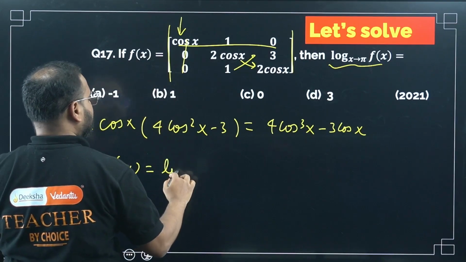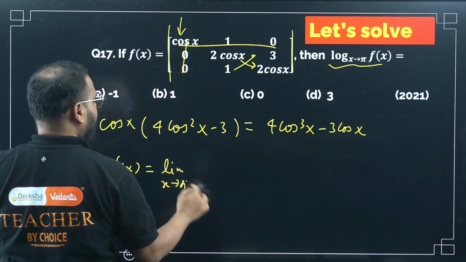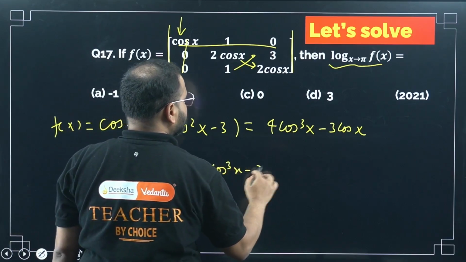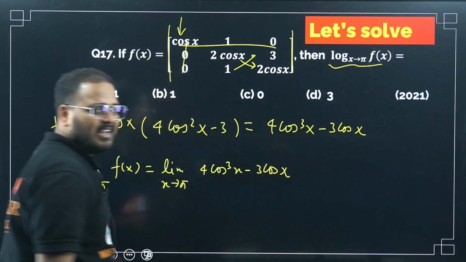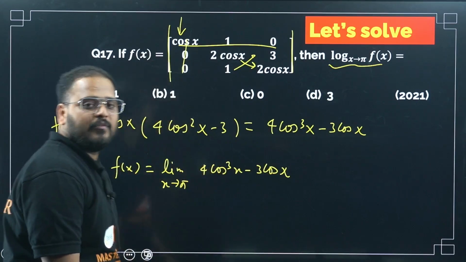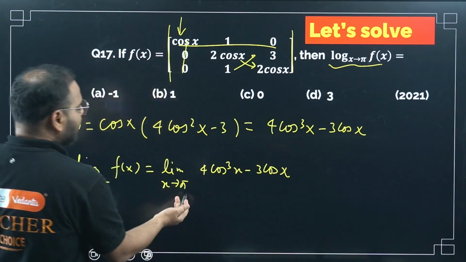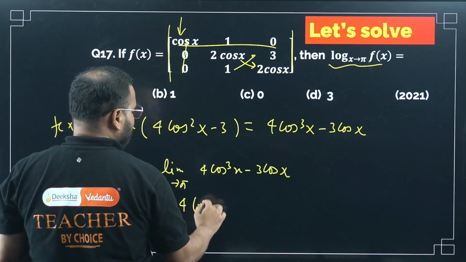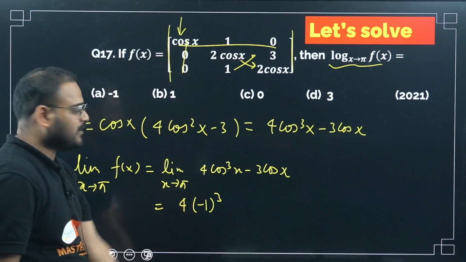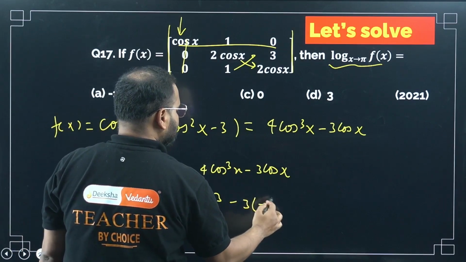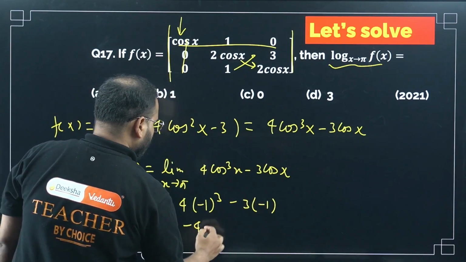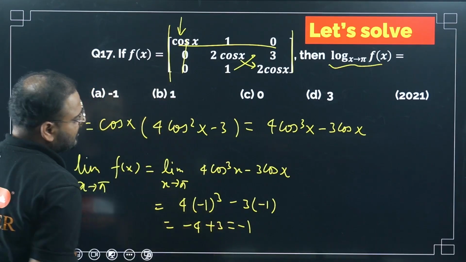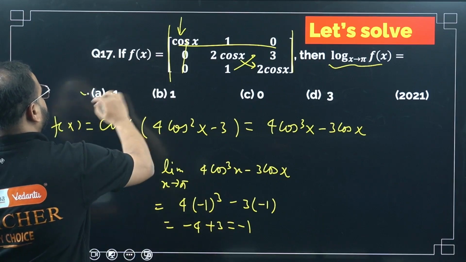So basically limit x tends to pi of 4 cos cube x minus 3 cos x. Now you know that if there is an indeterminate form, then only we'll modify the expression. If it is not, please apply and check first. This will be 4 times minus 1 cubed, because cos of pi is minus 1, and this will be 3 times minus 1. How much is that? So minus 4 plus 3, how much is that? Minus 1. Not indeterminate, right? So minus 1 is the answer. Option number A. Correct?